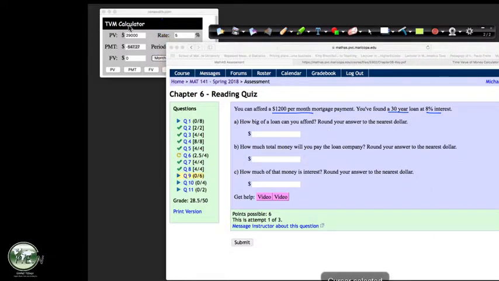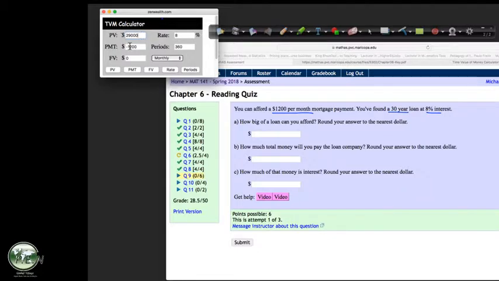So we will put in the information we know. We're making a payment of $1,200 a month. That's negative because that goes away from us. 30 years is how many months? 360. 12 times 30. We've got an interest rate of 8%, which is kind of high right now, but that's what they say.